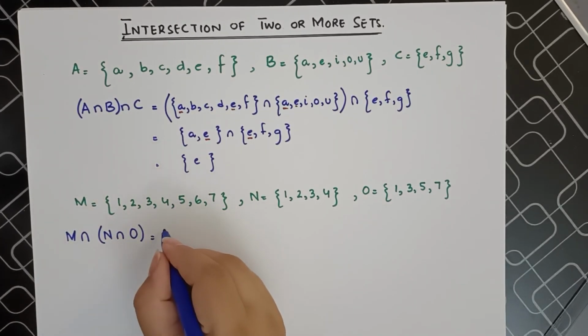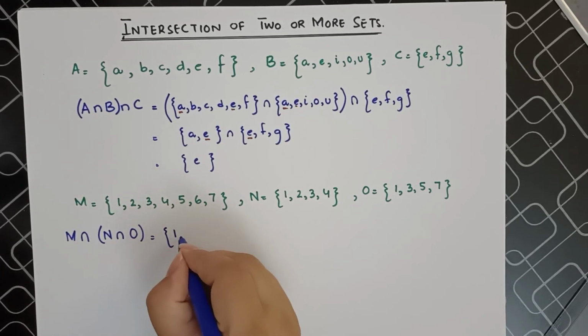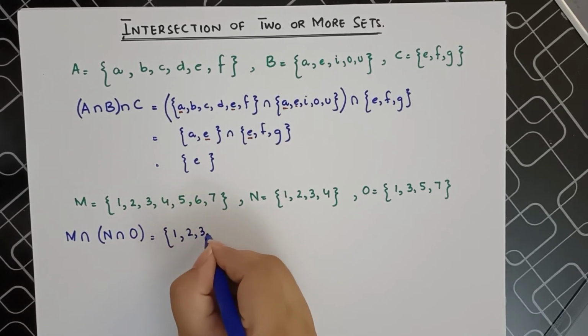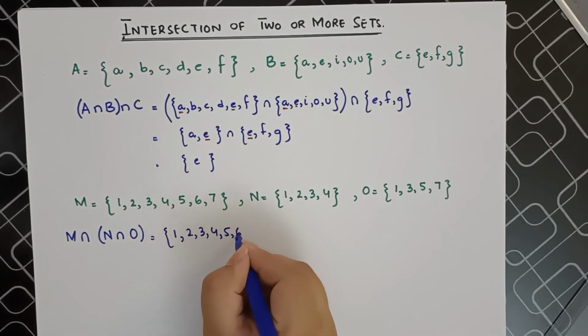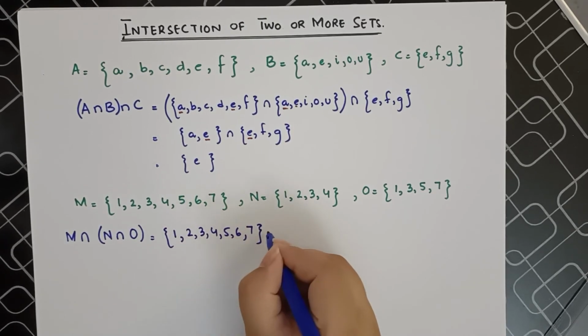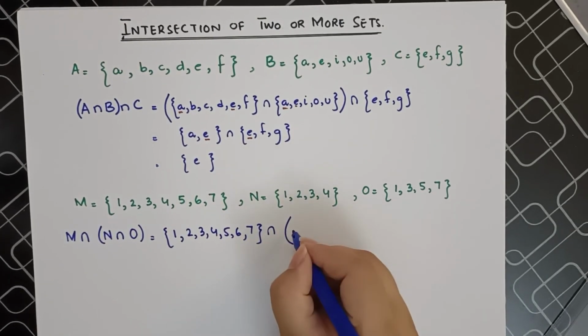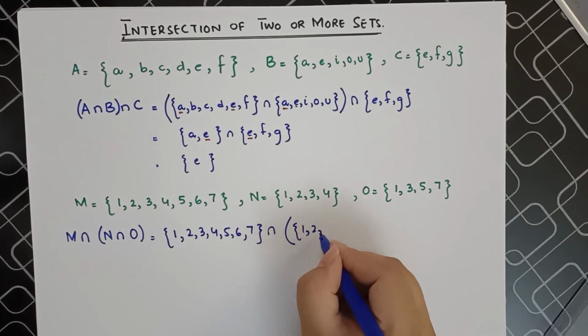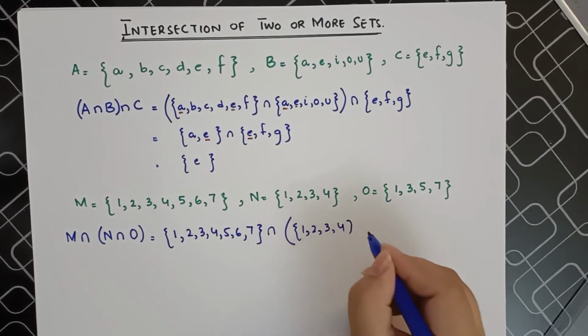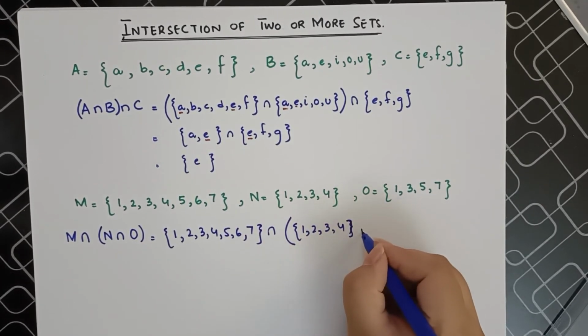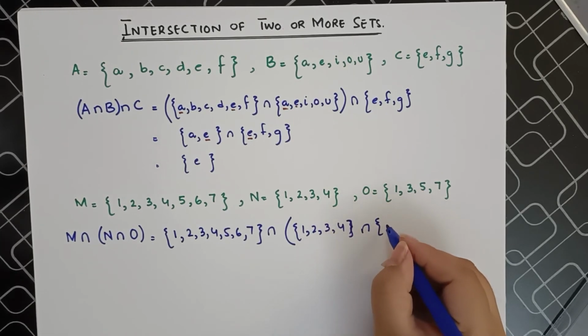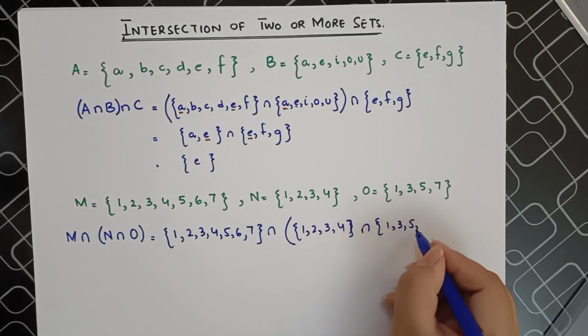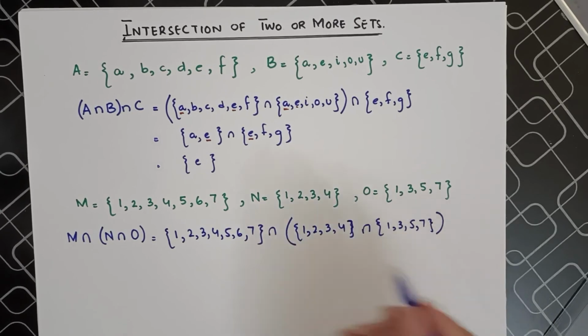So first we're going to write the M, which is outside the brackets: 1, 2, 3, 4, 5, 6, 7. Intersection, bracket open, sorry, intersection 1, 3, 5, 7, and bracket close.